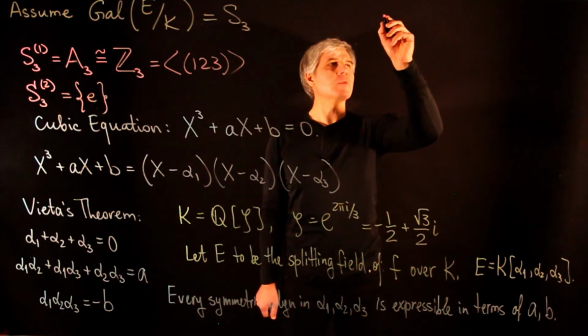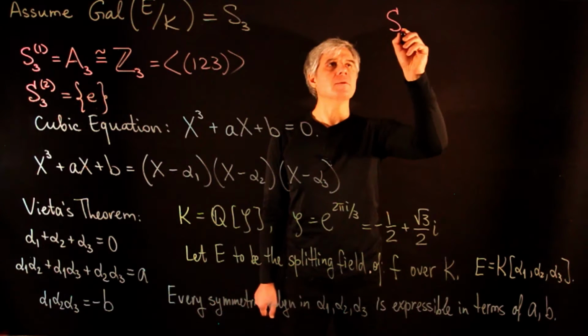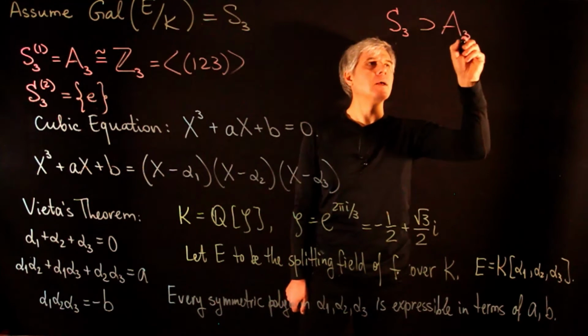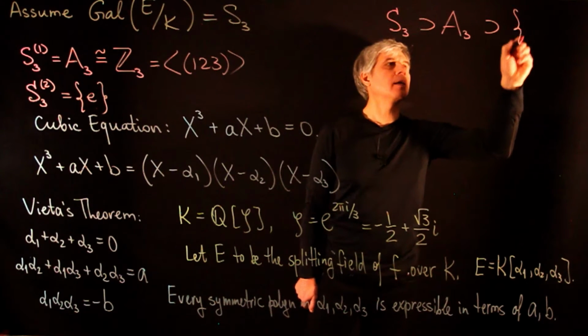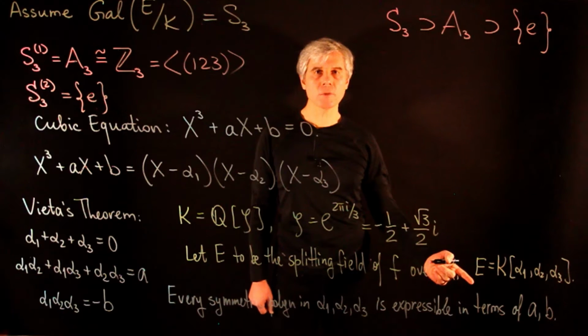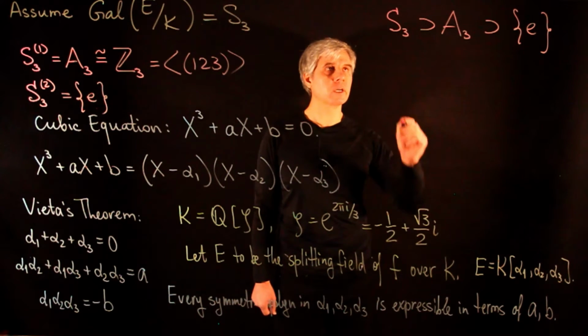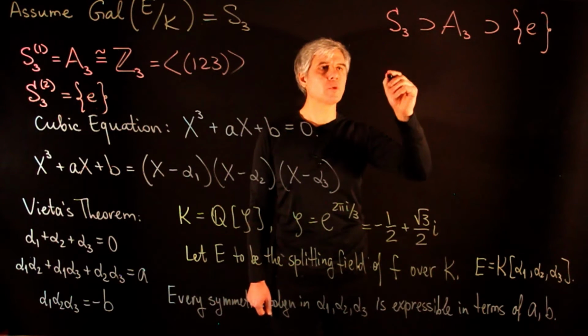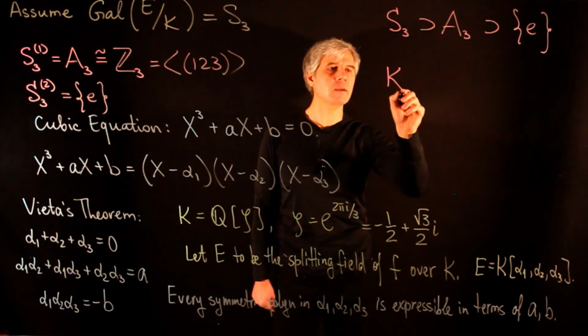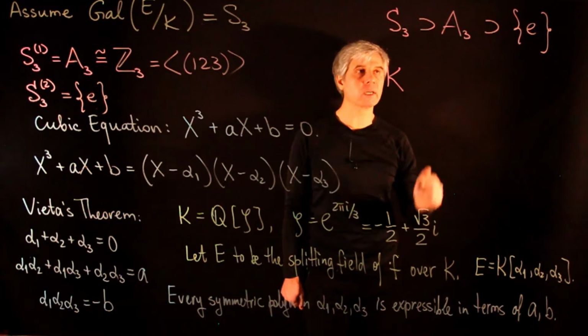Let us write down this chain. So we have S3 that contains A3, and that contains the identity subgroup. And now we write down the Galois correspondence for the splitting field. So the largest subgroup corresponds to the smallest subfield, which is our base field K, so the cyclotomic field.